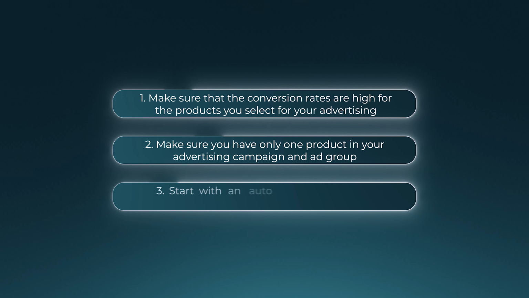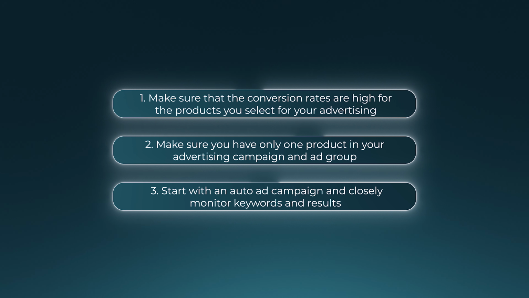That's a key one. The next point, point 3, is to start with an auto campaign and make sure that you are monitoring closely the keywords and the results that are coming from those search terms, those matches. Build that all out so you can understand what's converting and what's working and what isn't. If the keywords are not converting, you can negate those keywords, in other words, put them into negative targeting.